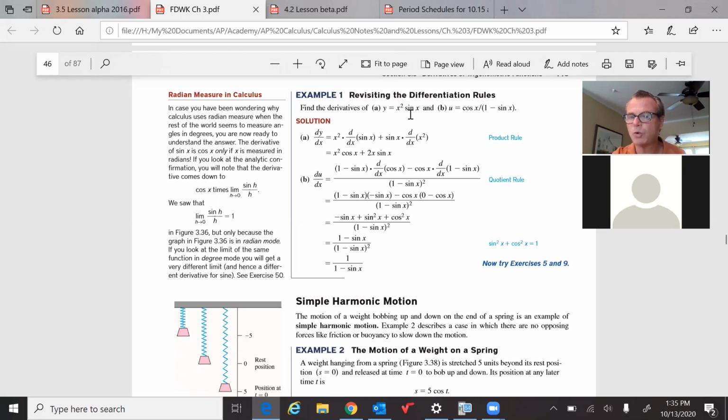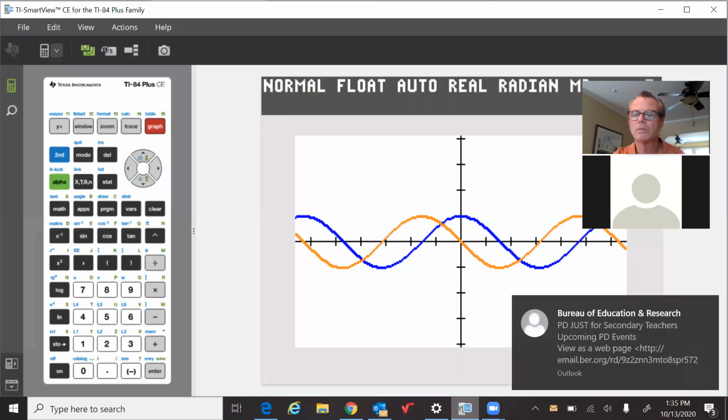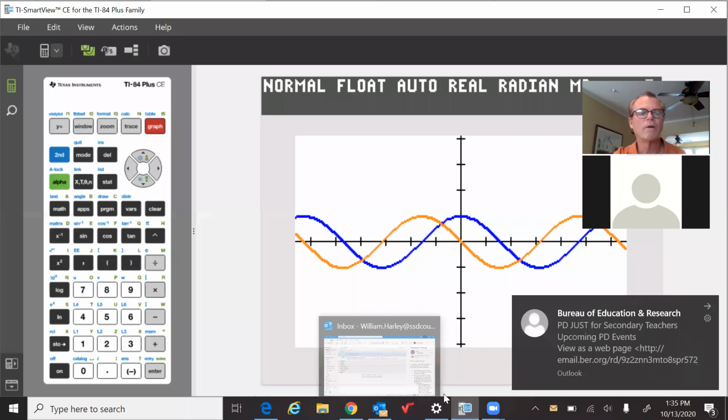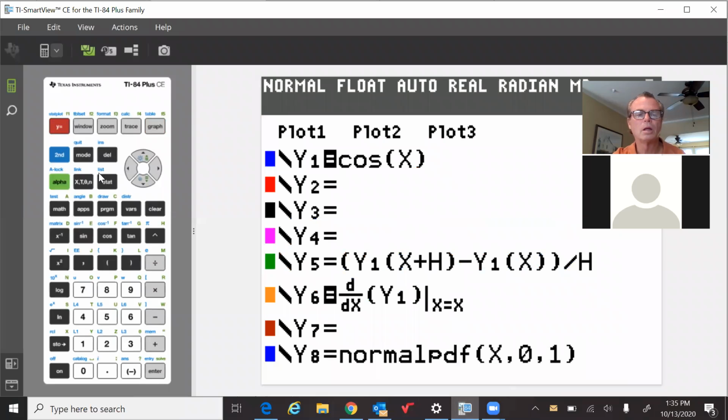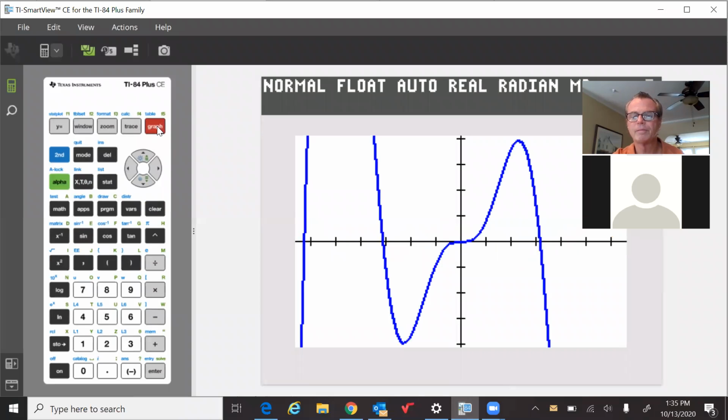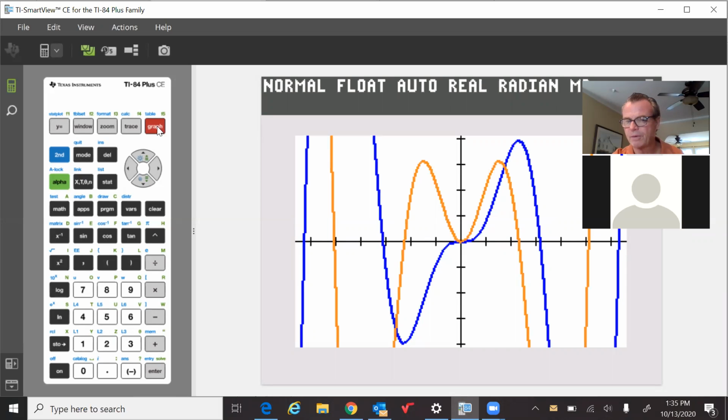It means if I have x squared sine x, I go to y equals, and I type x squared sine x, that's going to be the blue graph. The orange graph is what we're going to get when we do the product rule.